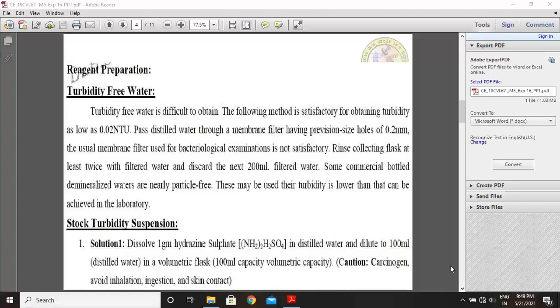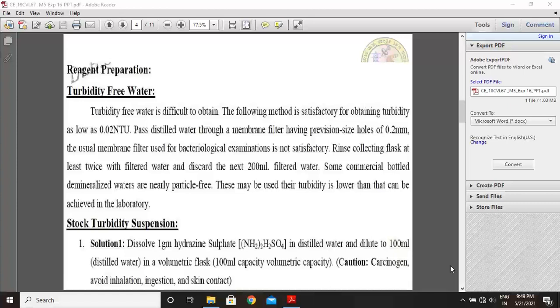Rinse the collecting flask at least twice with filtered water and discard the next 200 ml of filtered water. Some commercial bottled demineralized water is nearly particle free. These may be used. Their turbidity is lower than what can be achieved in the laboratory. So this is the explanation of how to get turbidity free water.